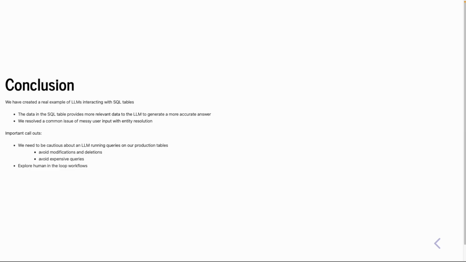The first is that we need to be very cautious about an LLM running queries on our production tables. We want to avoid any modifications or deletions to the table and also avoid expensive queries. Now, one way to do this is through more explicit instructions to the LLM, but there's also a concept of human-in-the-loop workflows, which we should further explore.